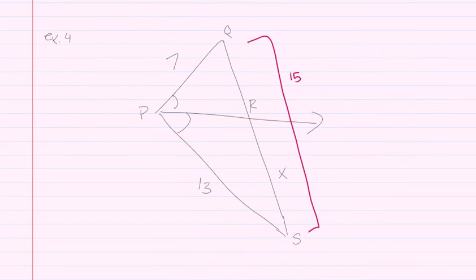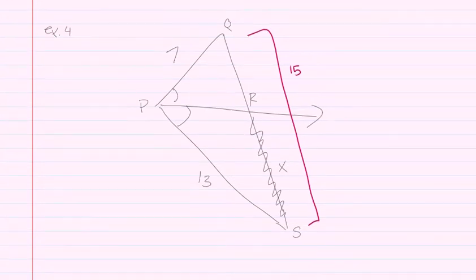In this next example, example 4 on page 399, we're going to be using theorem 6.7. So our goal is to find the length of RS. So we want to find the value of x. And we need to be able to set up a proportion using theorem 6.7.